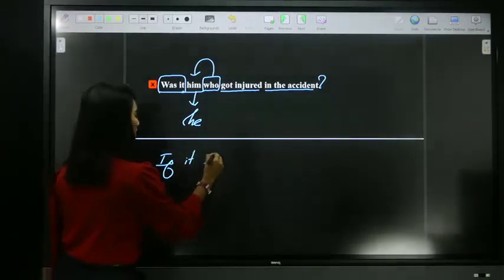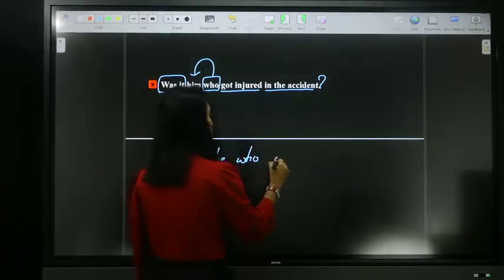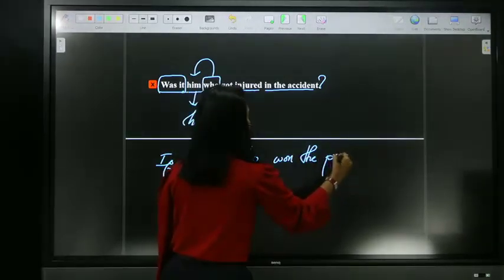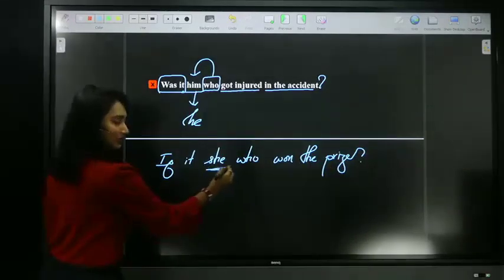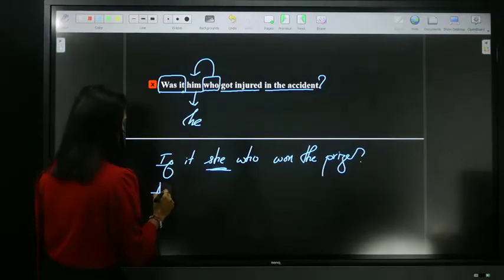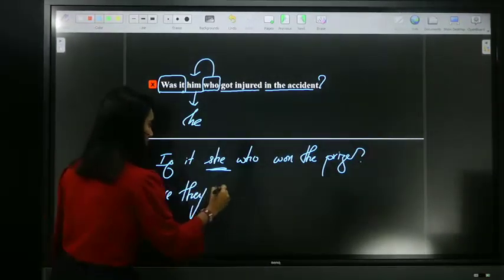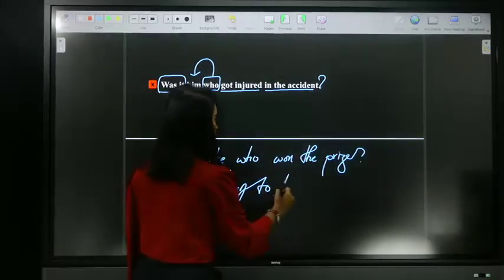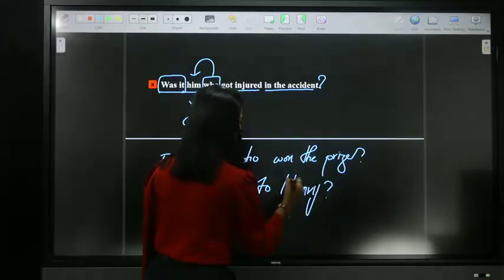Is it she who won the prize? See, are they going to library?